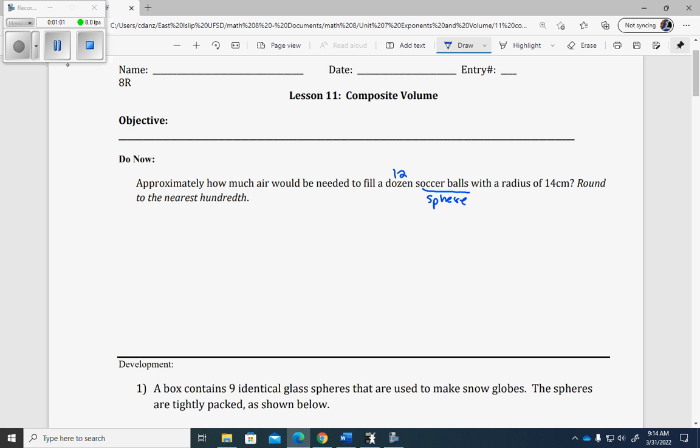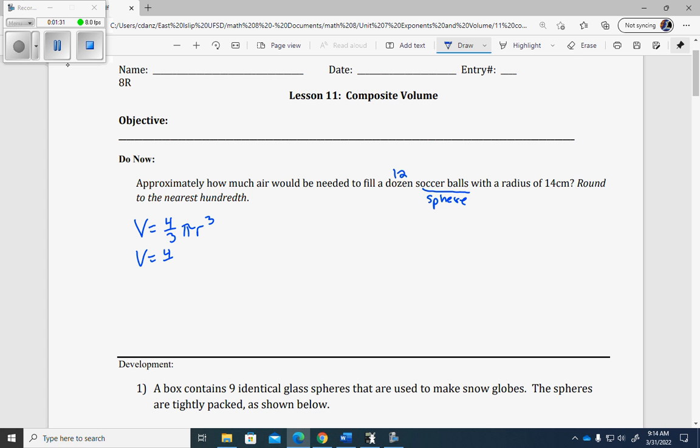So I would like to find the volume of one soccer ball, and then I'll multiply it by 12, and I will know how much air is needed to fill all 12 soccer balls. So the volume for a sphere, remember, is 4/3 pi r cubed. If ever you're unsure of what formula to use, please turn to the formula sheet in your workbook and look up the formula.